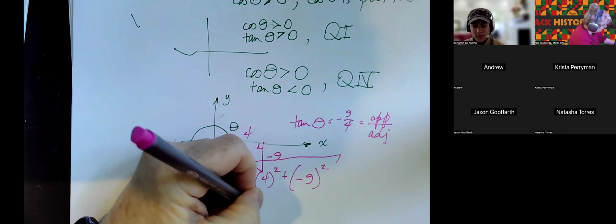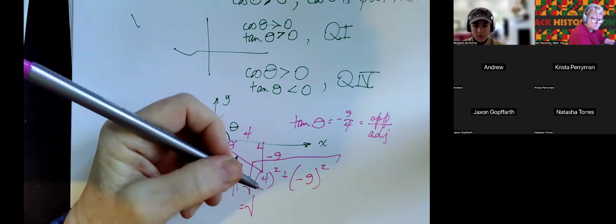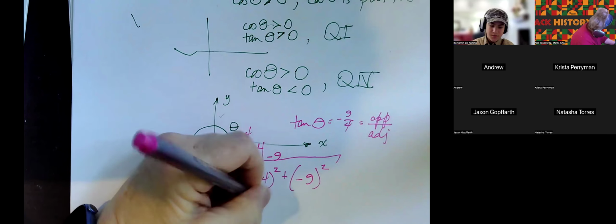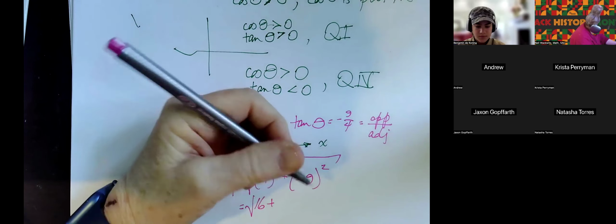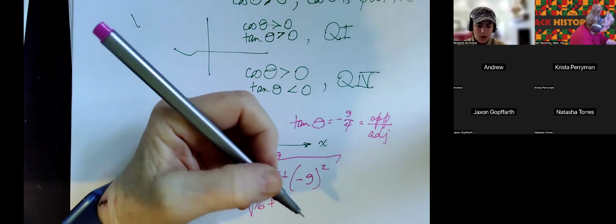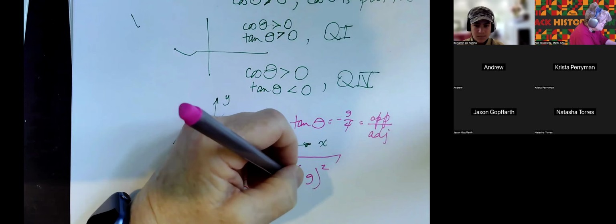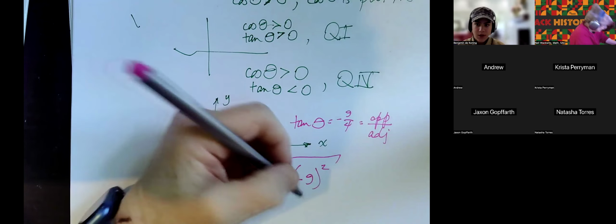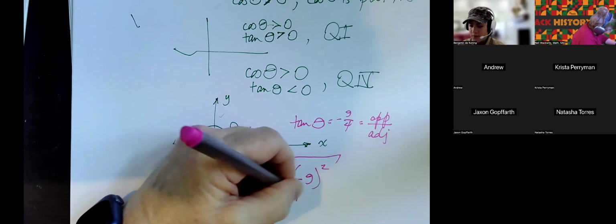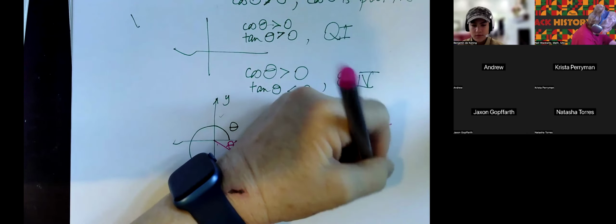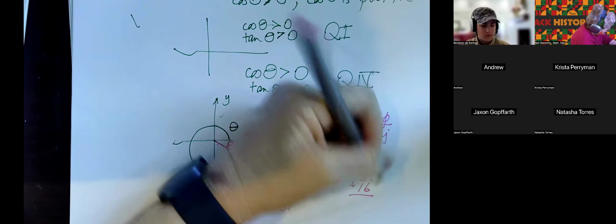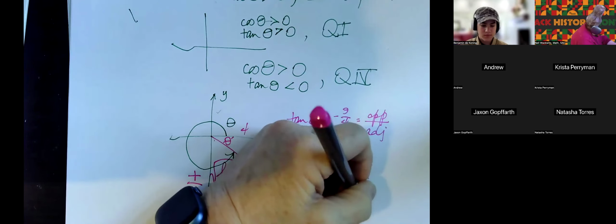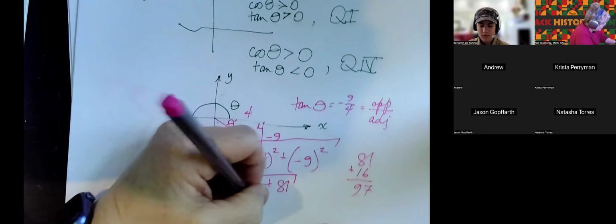Okay, so let's see. 4 squared, 16, 9 squared, 81. Do I need to put a negative 81? No, because a negative times a negative is a positive. Perfect. And let's see, 81 and 16 are 97.